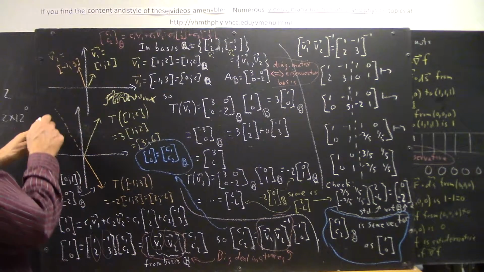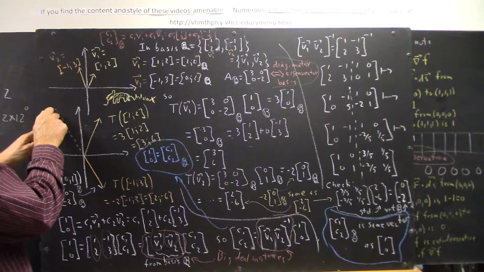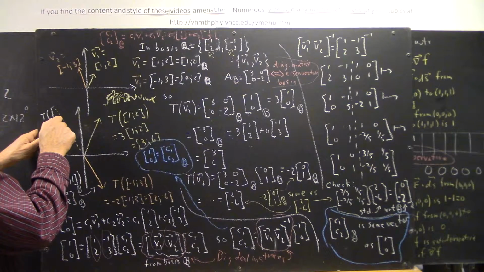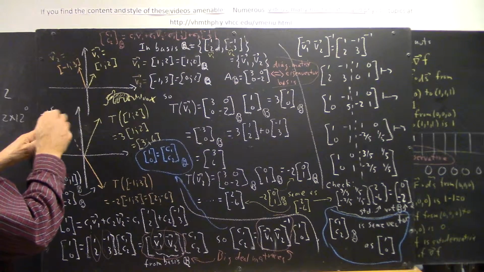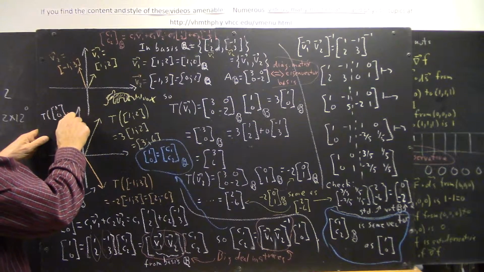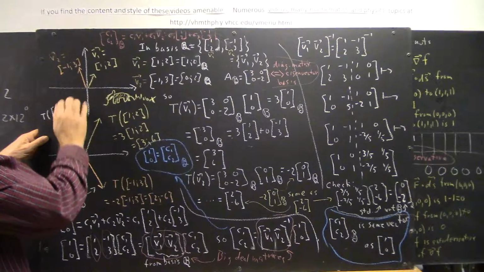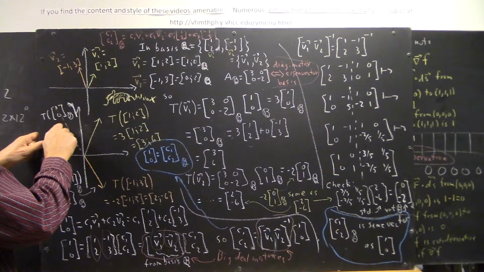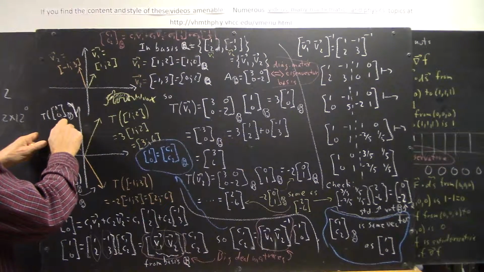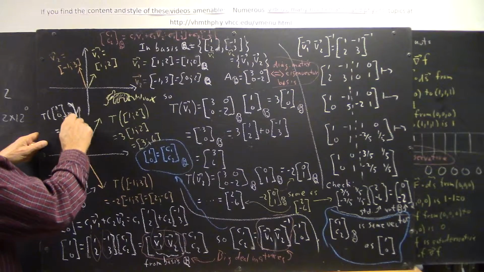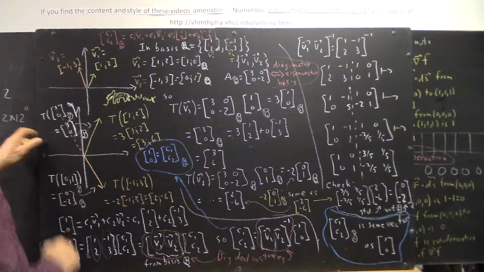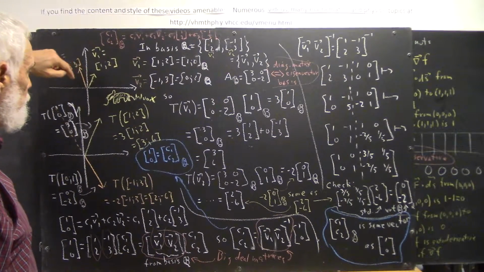This vector T of 1, 0 relative to B is equal to what? It's equal to, well, right there's our transformation, it's 3, 0 relative to B. This vector is 3 of these and 0 of these.